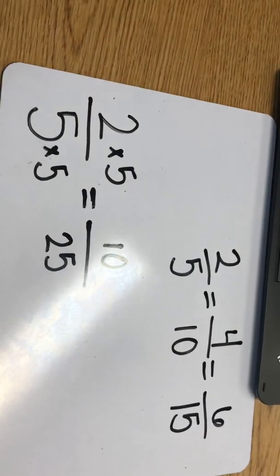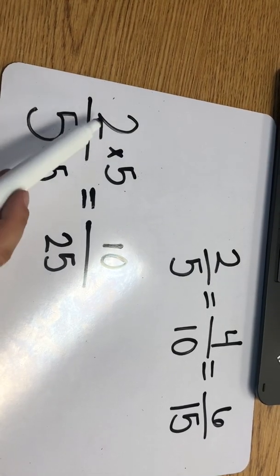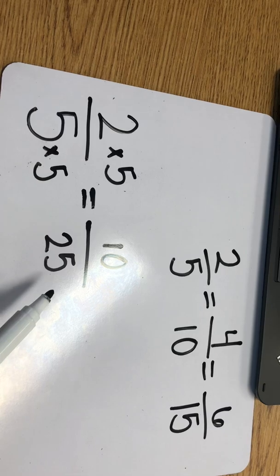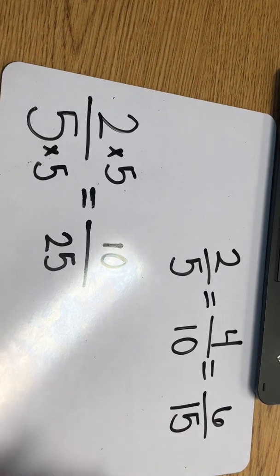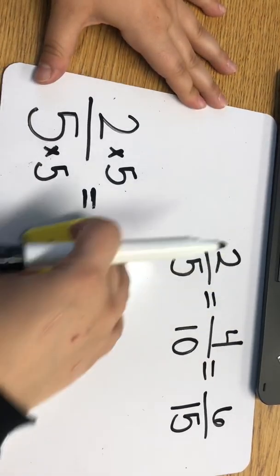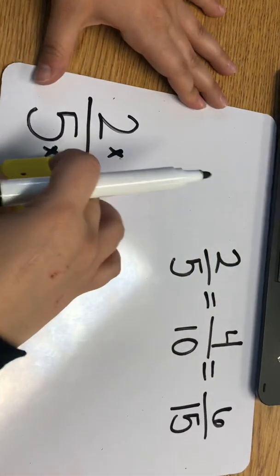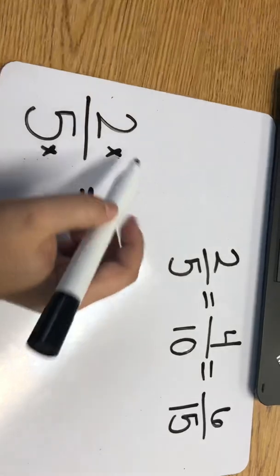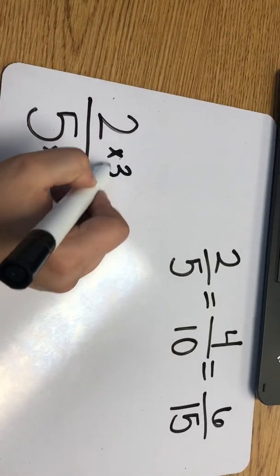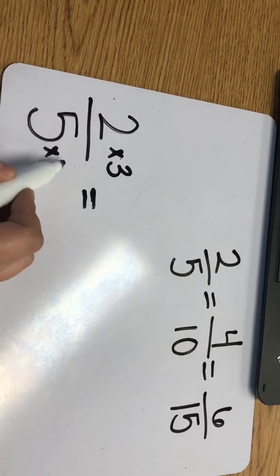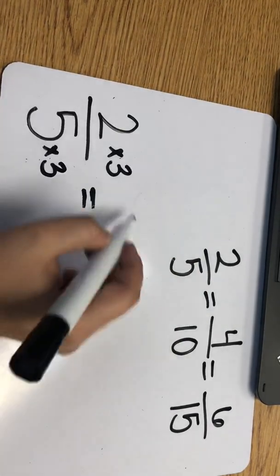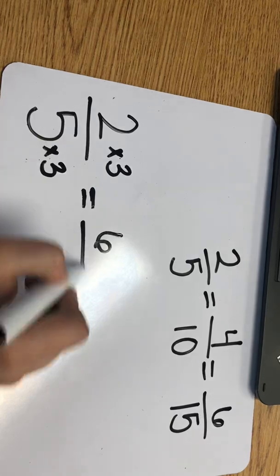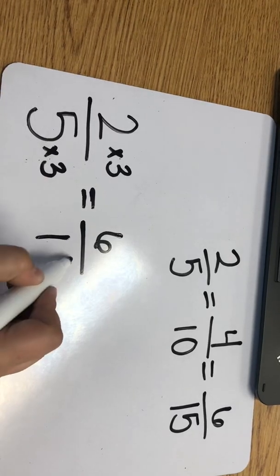So I can say that 2/5 is also equal to 10/25. Let's see if we can get 6 and 15. If I multiply 2 times 3 and I multiply 5 times 3, because remember they have to be the same number, then I get 2 times 3 is 6 and 5 times 3 is 15.